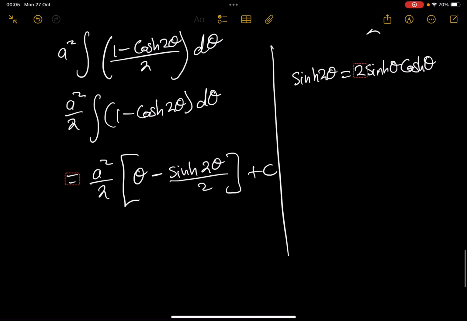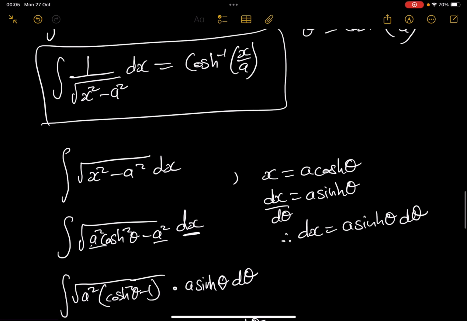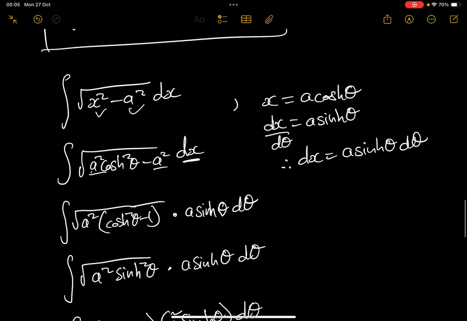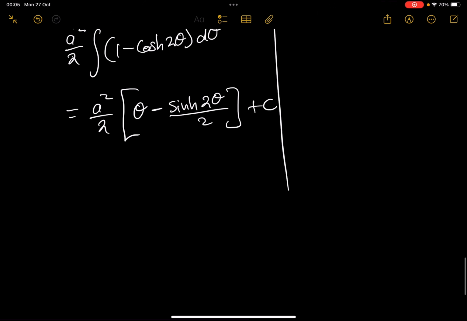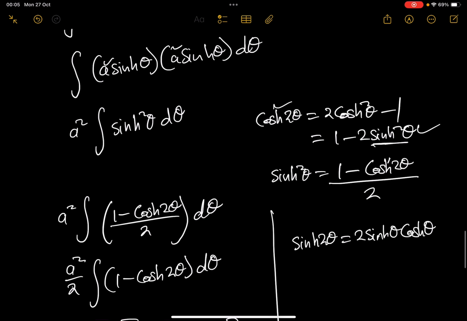The reason I'm breaking this integral down is that initially we were given this integral in terms of x and a, but now we have theta, so we need to simplify it into a form whereby where there's theta we can substitute an expression that has a and x.